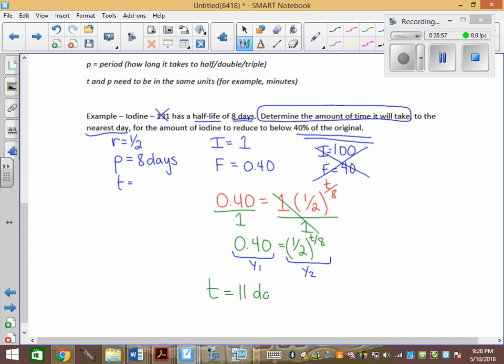And we always have to go back and check our rounding rules. It says nearest day. So we round up to 11, not 10.5 or 10.6 or whatever. You can't go to the nearest tenth if it doesn't say go to the nearest tenth. If you do and you fill in a numeric response box like that, it's not going to work out in your favor.